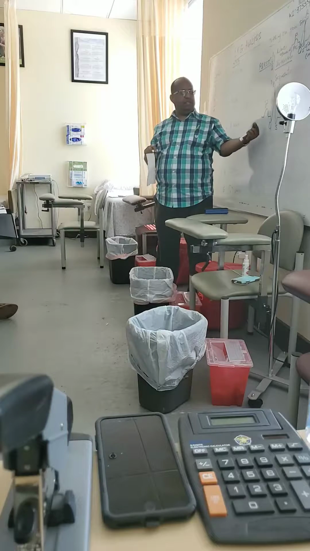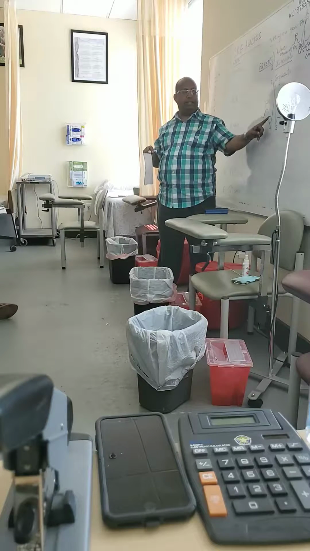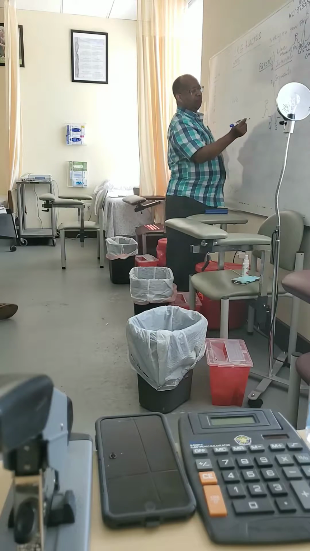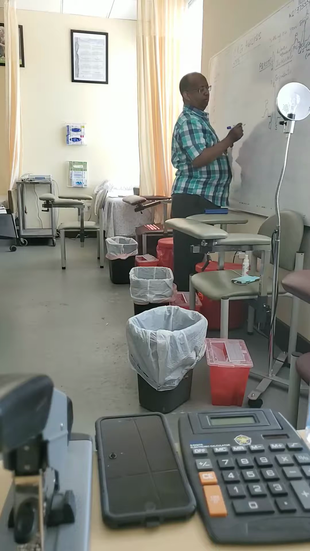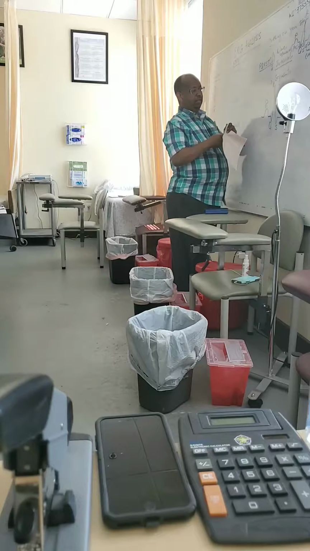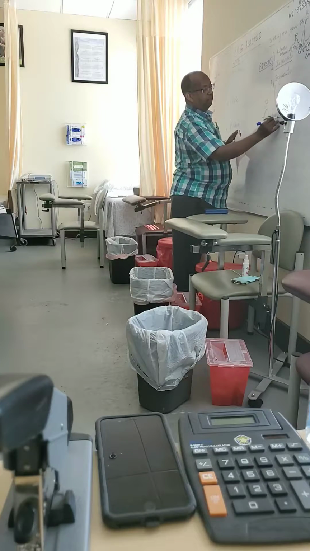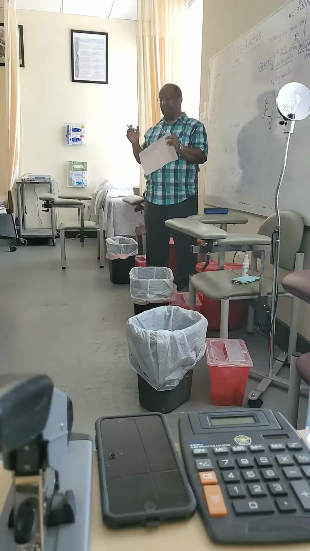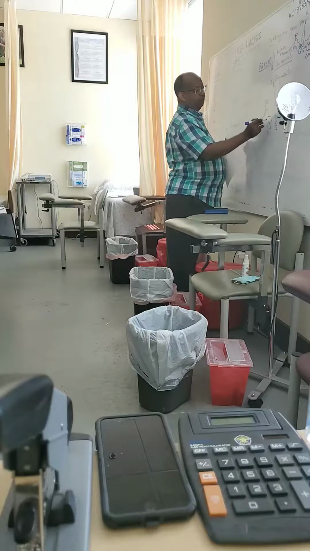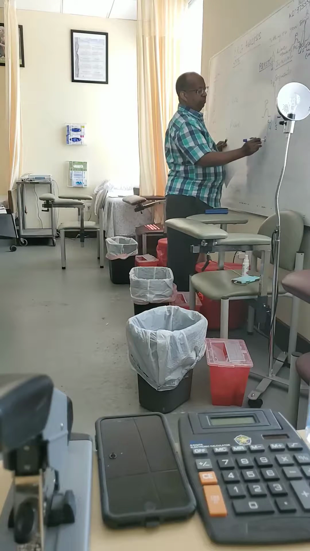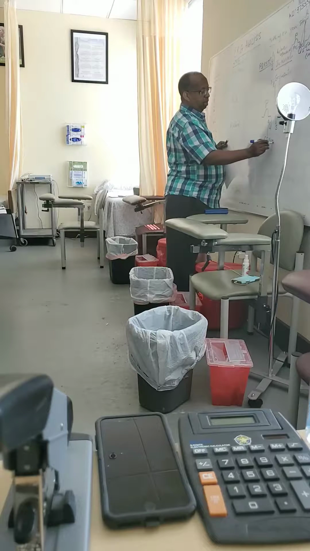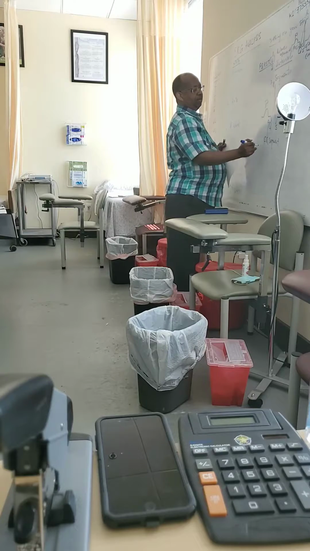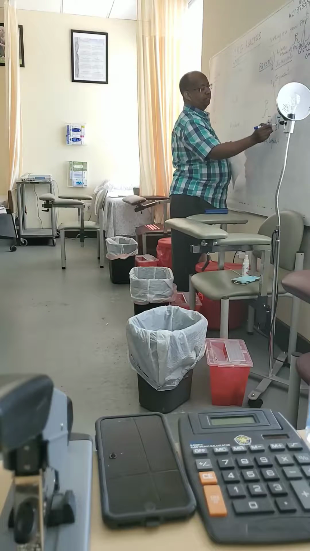Those lines that connect the waves are called segments. Can you see this one? This is a segment, and this one here is a second segment. So the lines that connect those waves are called segments. This one is the PQ segment, also called the PR segment, because it's in between P and R. And this is called the ST segment.